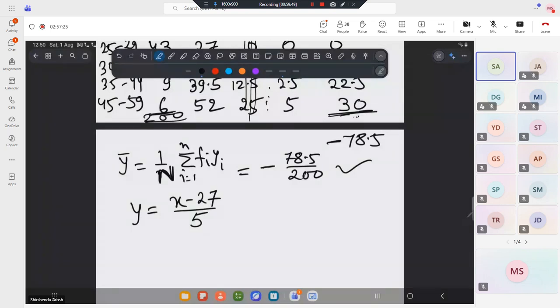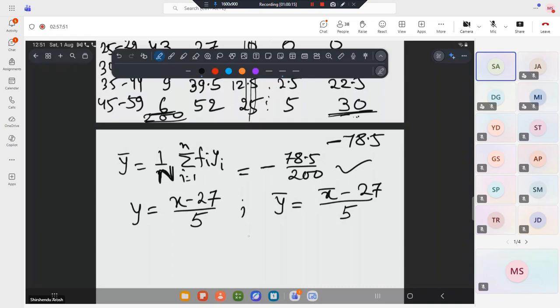If I take it individually, y bar should be x bar minus 27 for the change of origin, and for the change of scale, just divided by 5, because y bar is equal to x bar by d if y is equal to x by d.